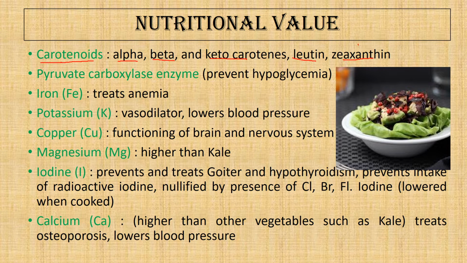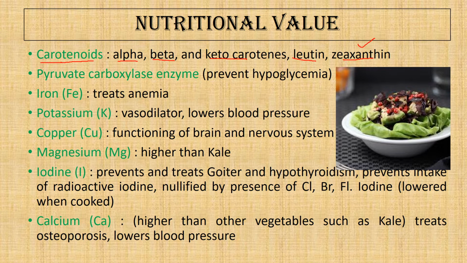Especially zeaxanthin is the most powerful of all the antioxidants and the carotene related antioxidants. These carotenoids, also with vitamin E and K, also have this antioxidant property.